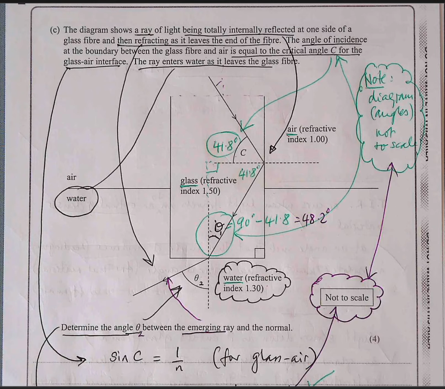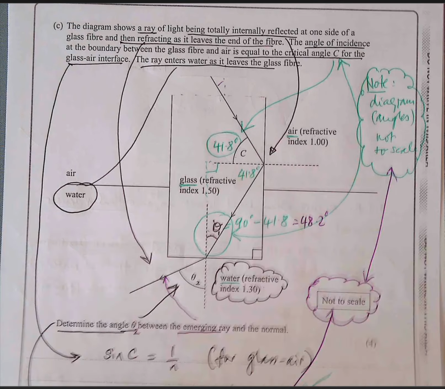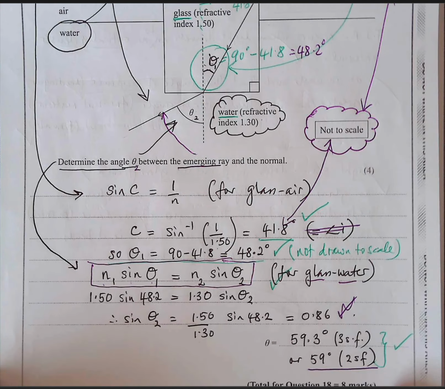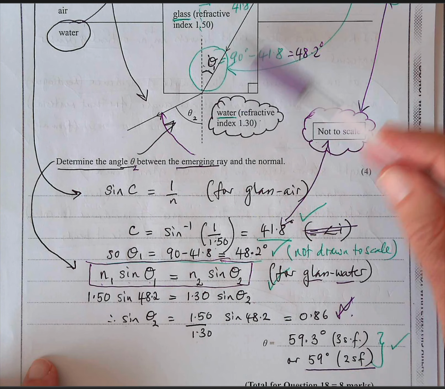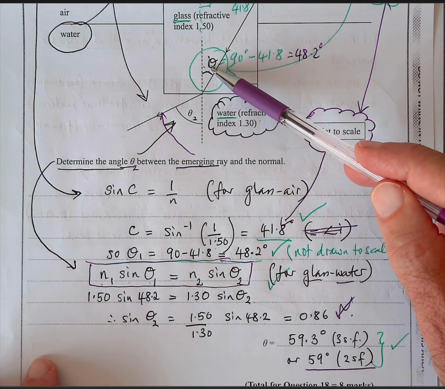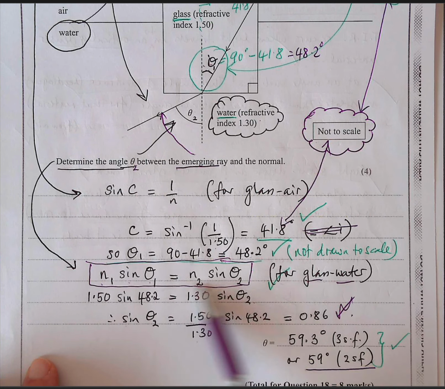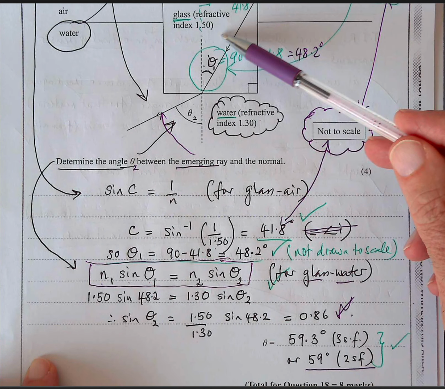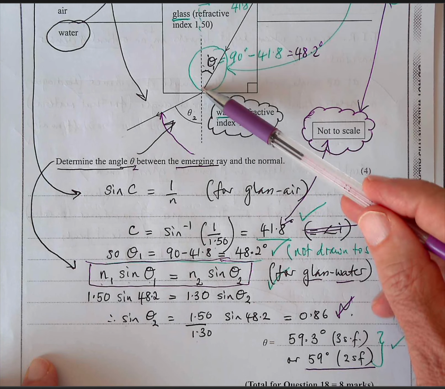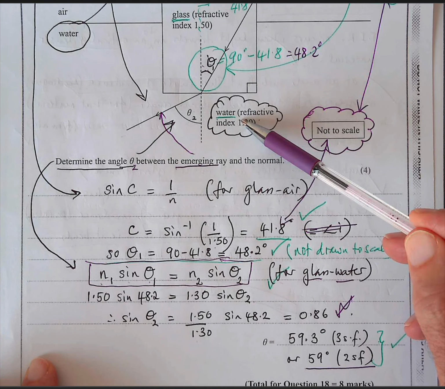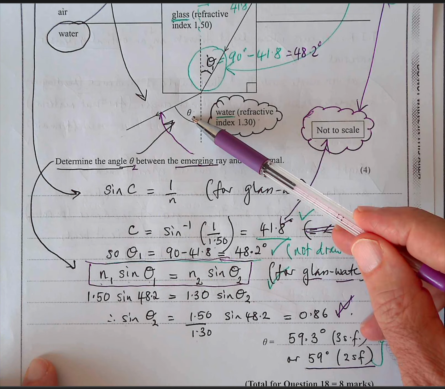You don't get a mark for that. You've got to, oh, I'm sorry, my maths is not showing. So you're using, sorry, I have to go back and show you that from the right angle triangles, you can work out theta 1. You use the equation from the back given to you, N1 sine theta 1 is N2 sine theta 2. N1 here is 1.5, theta 1 in the first medium, and when it's exiting, theta 2 is for water. We know N2, we don't know theta 2.